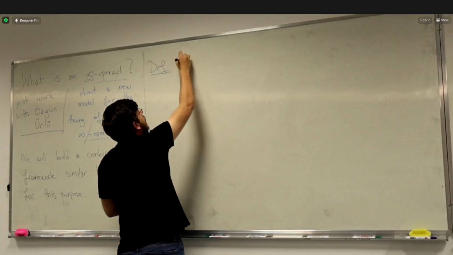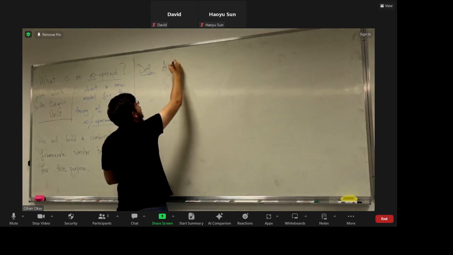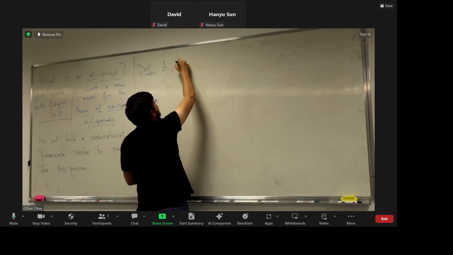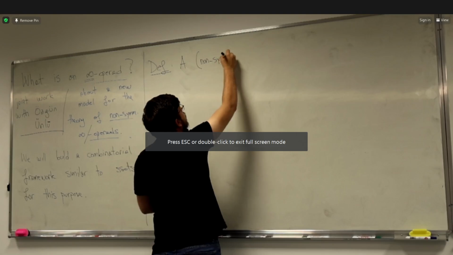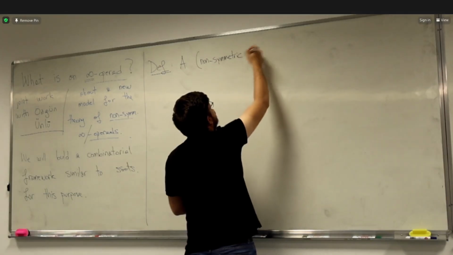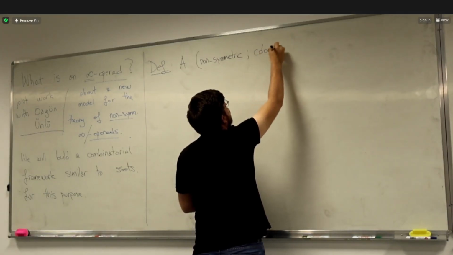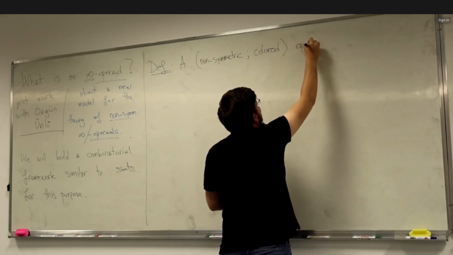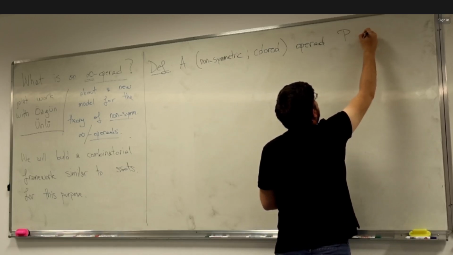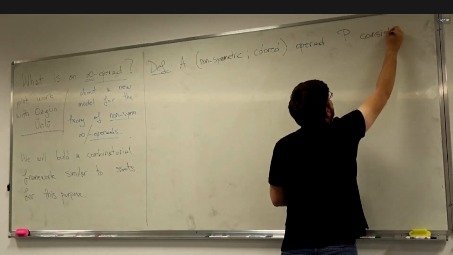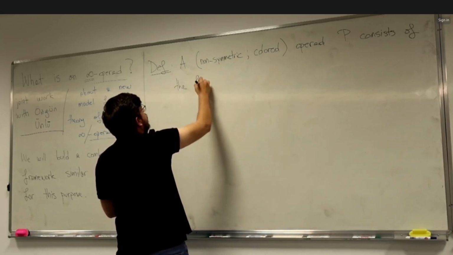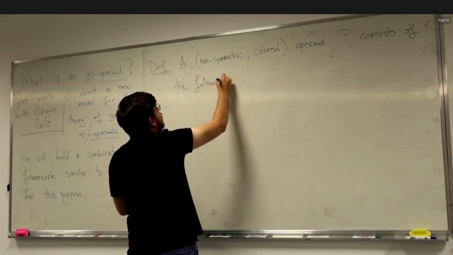Okay, so this will always be assumed non-symmetric, and let me just put this here as well, colored operad P consists of the following data.